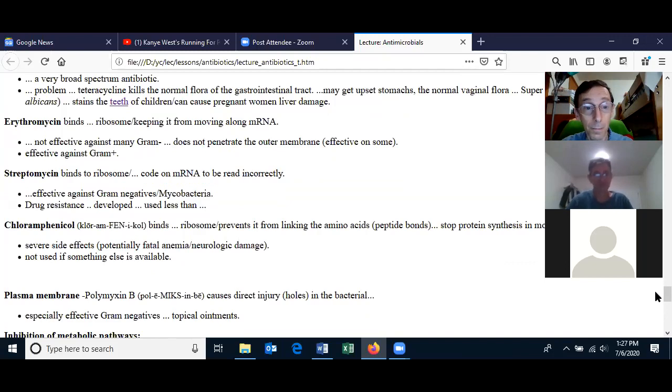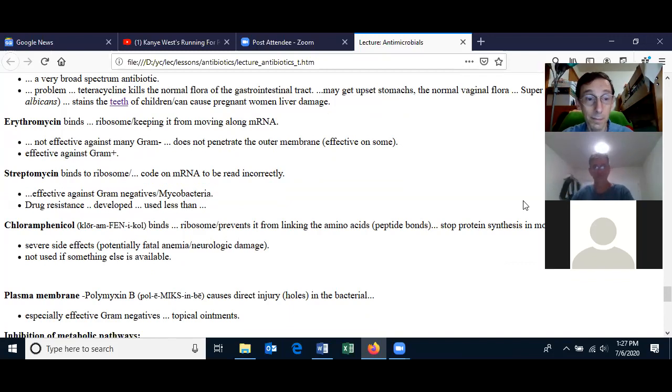Chloramphenicol binds to the ribosome and prevents it from linking the amino acids together, stopping the peptide bonds from forming. And that, of course, stops protein synthesis. And it's broad spectrum.